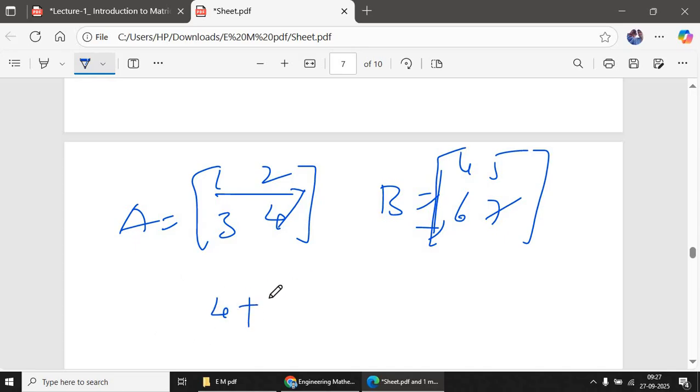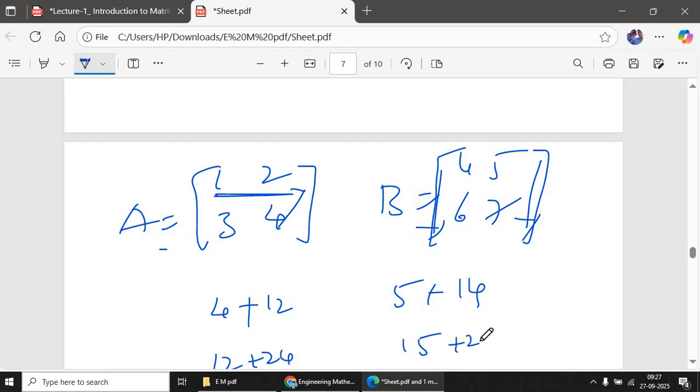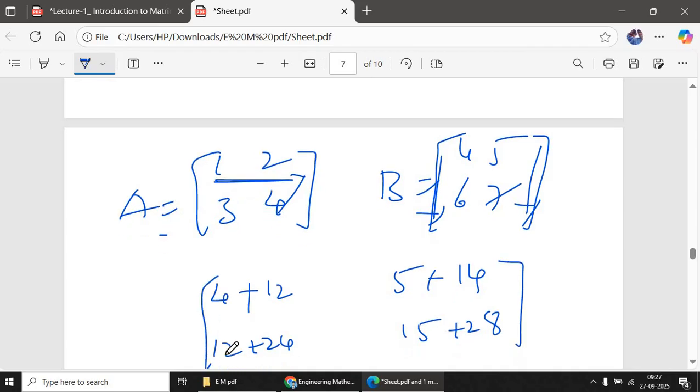Similarly 2 into 6 is 12, and again the same for the first row and second column: 1 into 5 is 5, 2 into 7 is 14. Similarly here, 3 into 4 is 12, 4 into 6 is 24. Similarly here also, 15 plus 7 into 4 is 28. Just do the additions, then you will get the AB matrix.